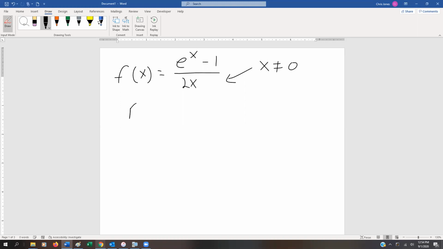So what's the behavior at x equals 0? Well, we might expect an asymptote, or maybe some sort of gap, or just some weird stuff going on. Let's take a look at what the graph actually looks like.